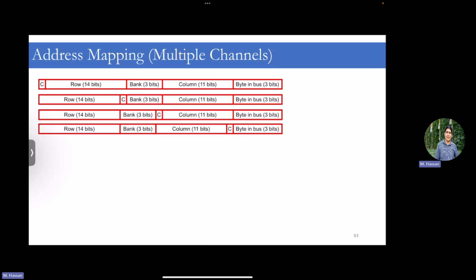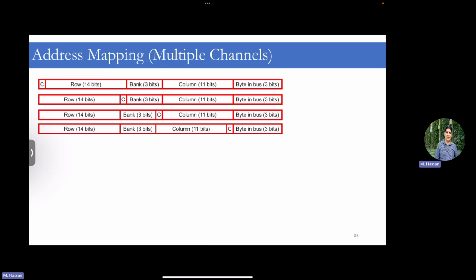So what is the implication on performance? If I choose my column bits to be here versus my bank bits to be here versus channel bits to be here, there is a trade-off, right? There are general guidelines, so maybe it's good to discuss this a little bit. To simplify the scenario, let's say we only have banks, columns, and rows. So it's a single channel, single rank.